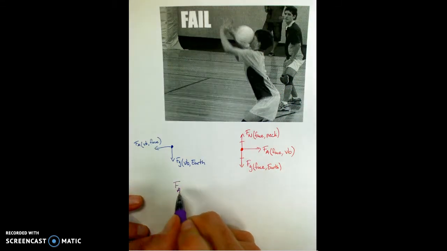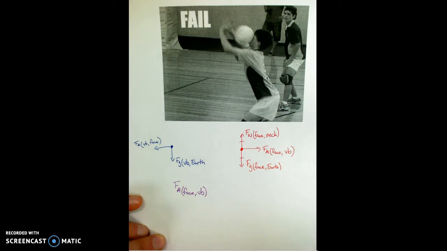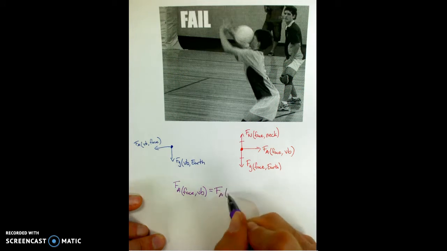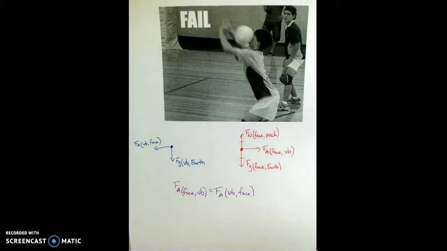So we can say that the applied force on the face by the volleyball, so that kid getting smacked right in the kisser, is equal to the force on the volleyball by the face. Now, I'm sure that doesn't really come as a consolation to that kid, but physics-wise, it's a nice example to talk about.